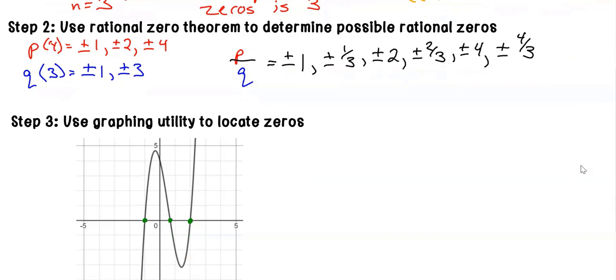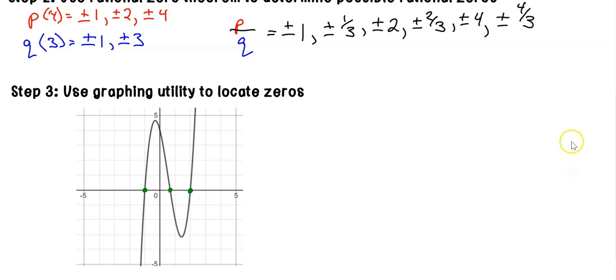So the third step is we want to use a graphing utility to locate possible zeros. So when I put this in Desmos, you could also put this in the TI-84. The green dots are where our potential zeros are. So this zero looks like it is at -1. This one appears to be at 2. And this one right here, if you look, it's not halfway, it's a little more than halfway.